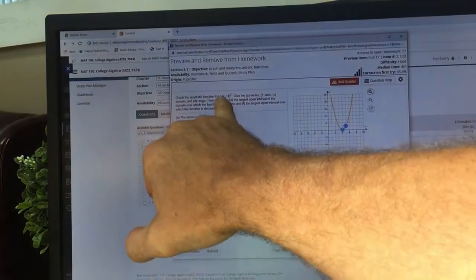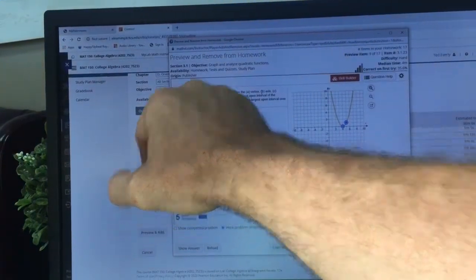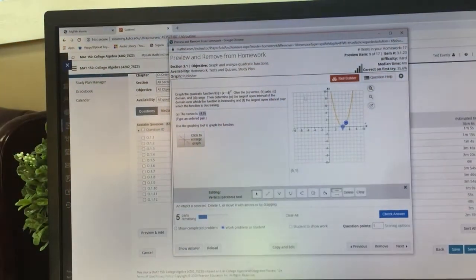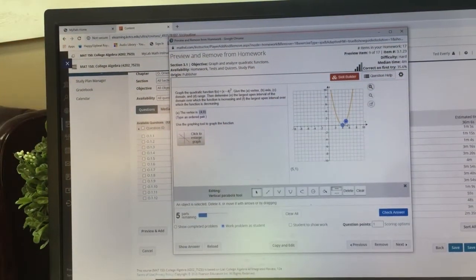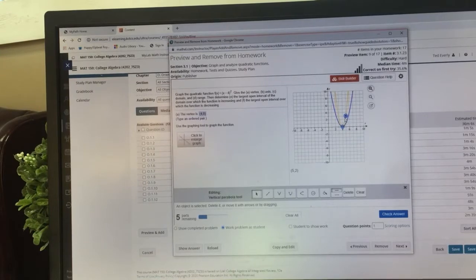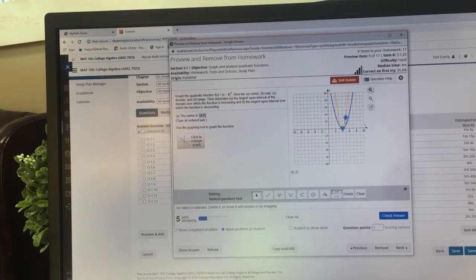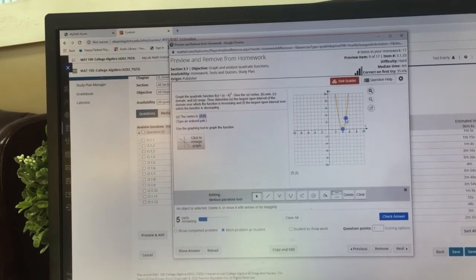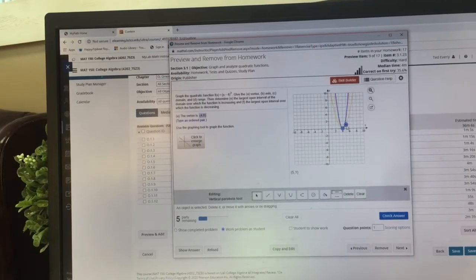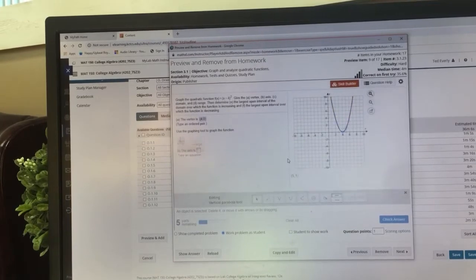Like, if this had a 3 in front of the parentheses, it would be stretching by 3, which means when I go over 1, this would go up 3. So you see the difference, how it's stretched. But that's not what it is. It's supposed to be right there. So there's my answer.